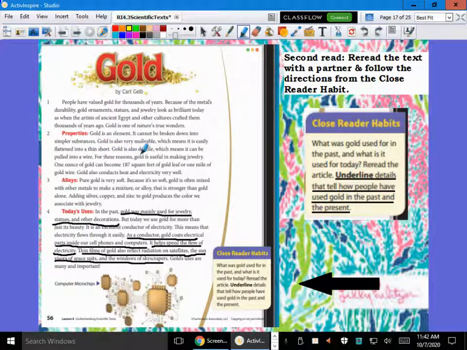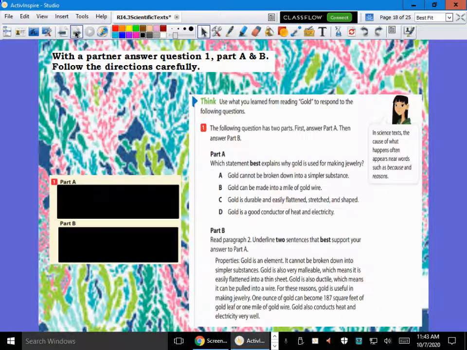And for these reasons, gold is useful in making jewelry. So right there, I have 2 sentences that I'm going to highlight that tell me why gold is such a great resource for making jewelry. So let's go back and find our answer now. Gold cannot be broken down into a simpler substance. Does that help with making jewelry?